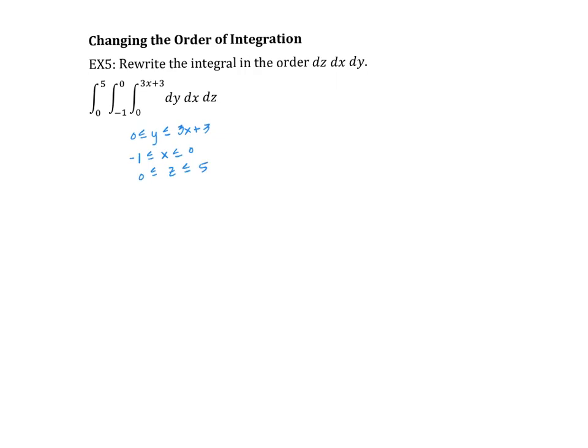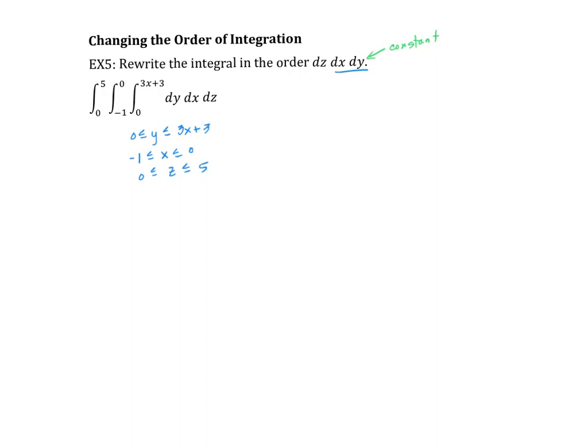So I want to take this and I want to write it in terms of dz first. So z is fine. It's the dx dy that I'm going to have an issue with. And the reason why is because our limits of integration for y are not constant. If I end off with y, this has to be constant. So the dz is okay.